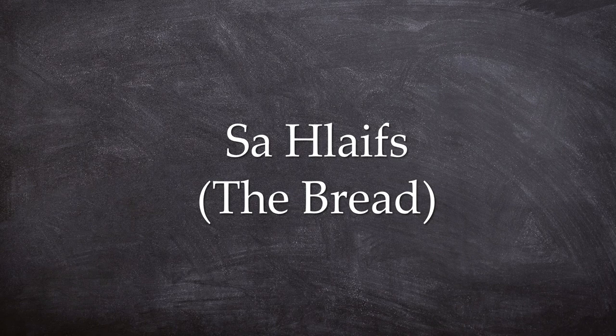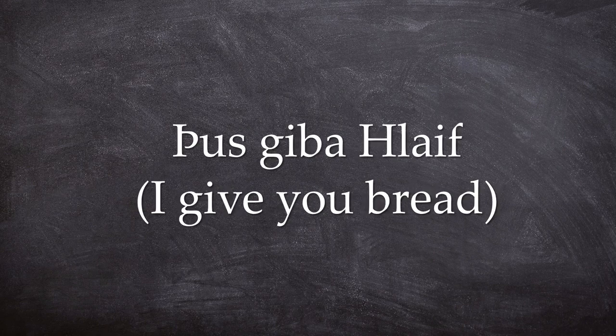So let's put it in the sentence. Thus giba chlef, which means I give you bread. And as you can see, just like stens, chlefs has the s removed to make it into an accusative form. Thus giba chlef.